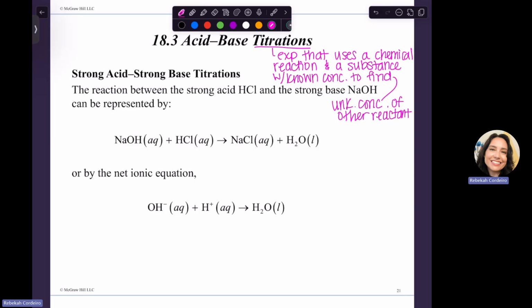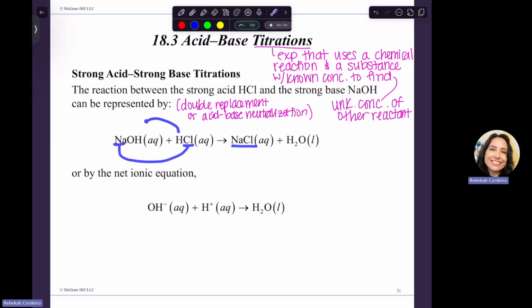When we're doing strong acids and strong bases, it's basically going to be a double replacement reaction, or we can call it an acid-base neutralization reaction. It's both. You see how the Na goes with the Cl to make NaCl, and then the H goes with the OH to make water. Think about water as HOH.